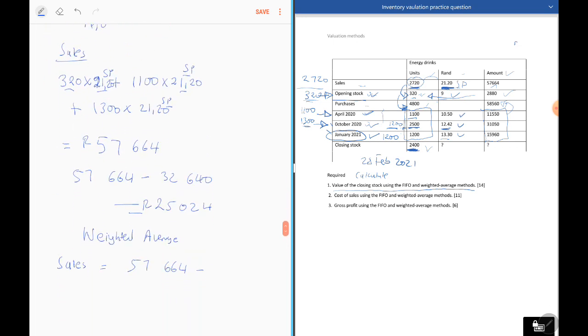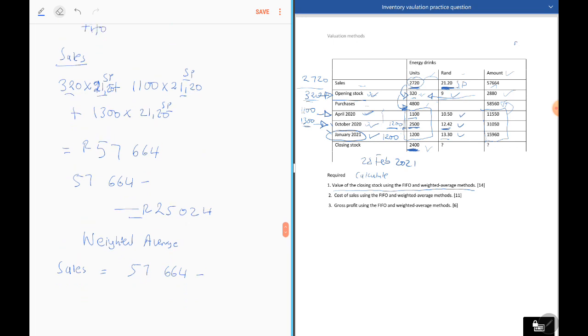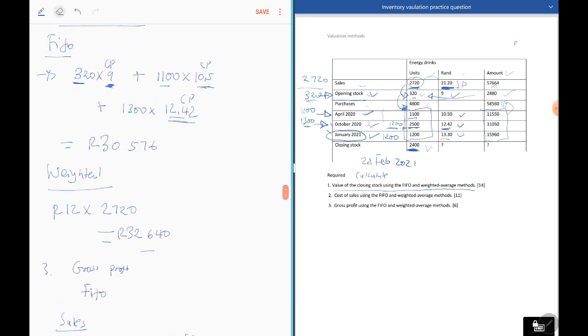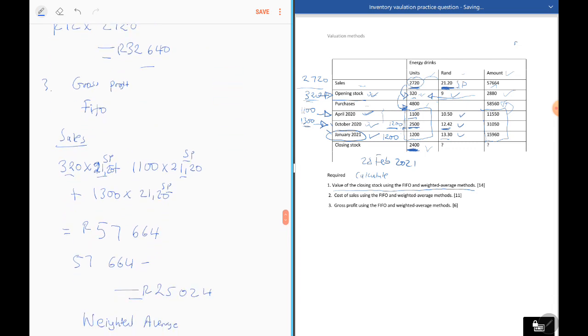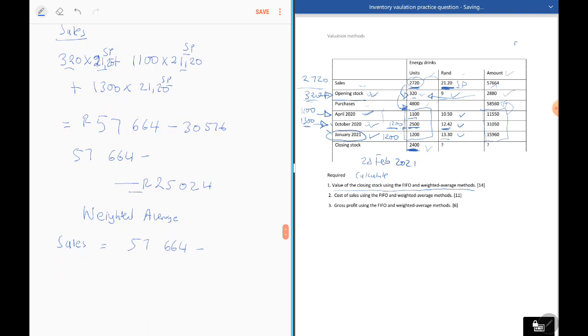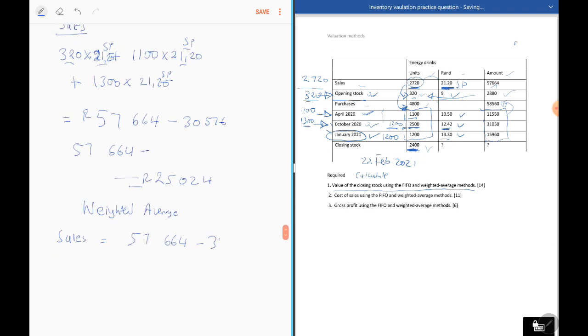Okay, so this 32,640 is for the weighted average. The cost of sales using the FIFO is 30,576, right? So about that, guys, 30,576, and then this one is your 32,640.